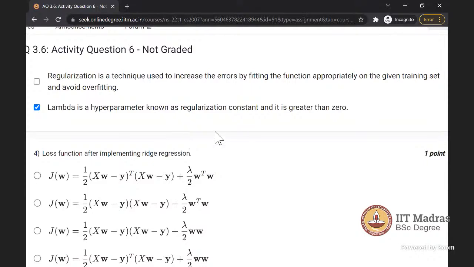One quick side question. Do you think degree in polynomial regression is a hyperparameter or not? It's an open question.